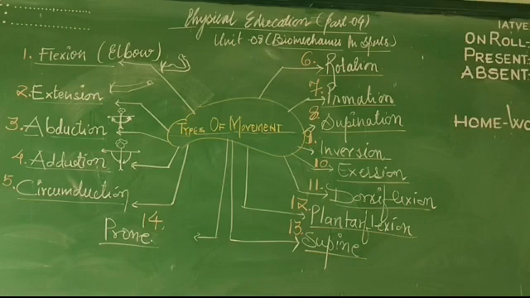Circumduction is a combination of flexion, extension, adduction, abduction. It can be best performed by ball and socket joints, that is the shoulder joint and hip joint, but may also be performed with other parts of the body like the fingers, the hands, the feet, the head. For example, circumduction occurs when spinning the arm when performing tennis or bowling in cricket.